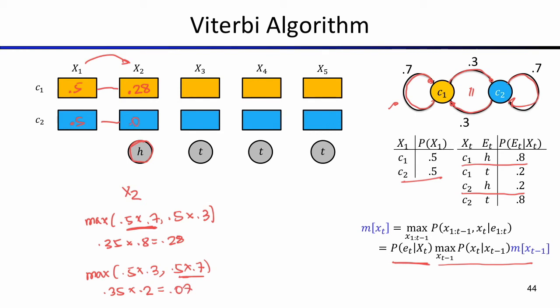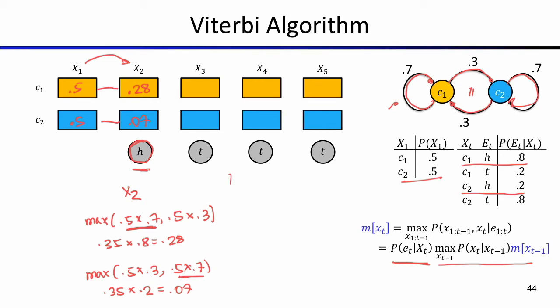So 0.07 goes here. So basically what this is saying is that if we have just one step of this game, and we have observed heads in the only iteration of the game, we would say that it's more likely that the person took from the bag the coin C1, decided to keep it, and flipped the coin, and we saw the head.